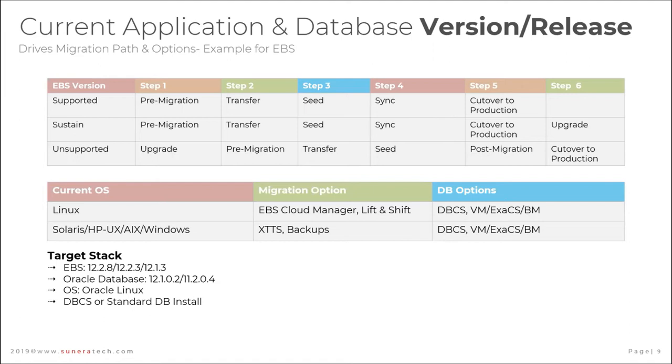That drives the approach and obviously increases the complexity as well. Now again, using EBS as an example, in both these situations you can use Database Cloud Service, or you could use a traditional Exadata Cloud Service, bare metal or a VM, and deploy your databases on top of that.